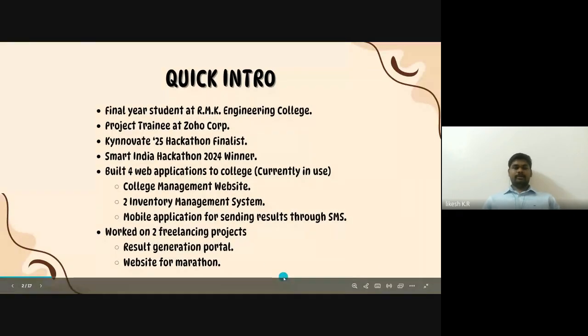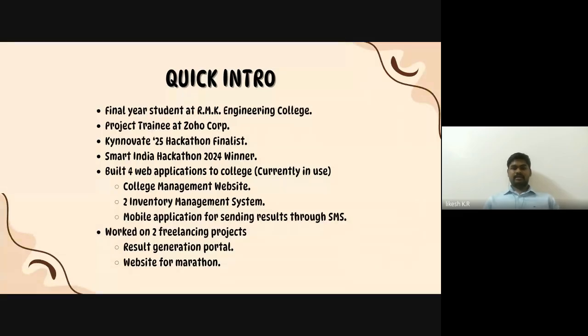A quick intro about me: I'm a final year student at RMK Engineering College, Chennai. I'm also a project trainee at Zoho Corp. I've been working for a month now. About my hackathons, I've been a finalist at the Innovate 25 Hackathon, and I won Smart India Hackathon 2024.